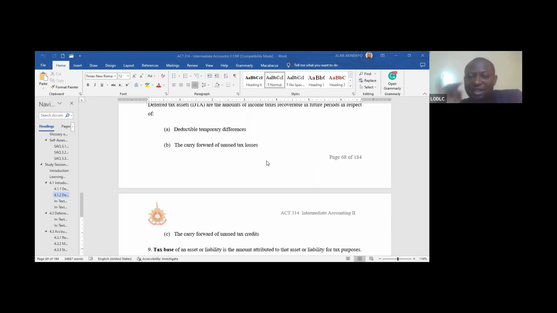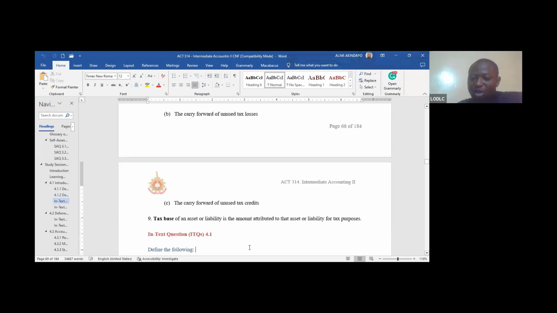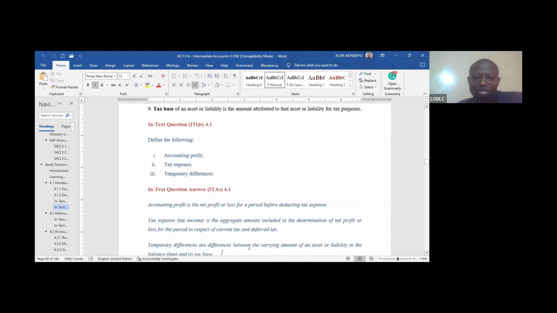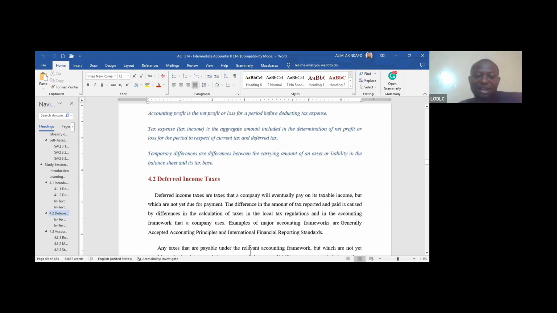So deferred tax assets has three main components: deductible temporary difference, carry forward of unused tax losses, then carry forward of unused tax credit. Then we have tax base. Tax base of an asset is the amount attributed to that asset or liability for tax purposes. I've explained that before. So that is that about the first learning outcomes.